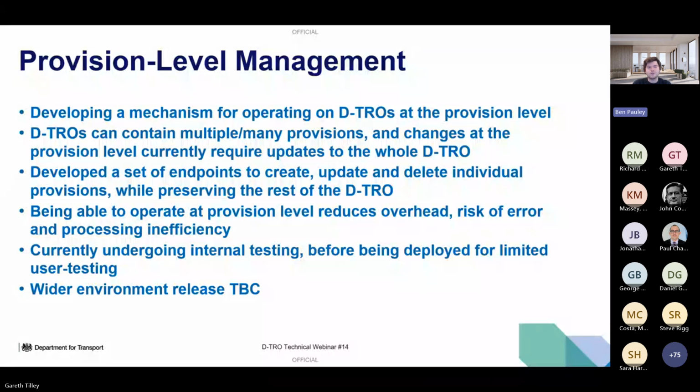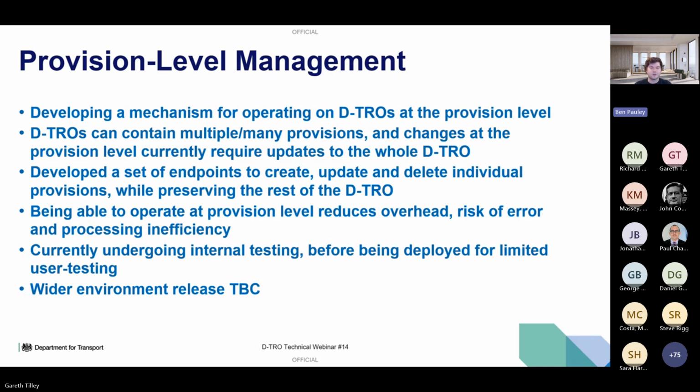So what we've been looking at doing is putting together a set of endpoints that allow users to create, update, and delete individual provisions whilst preserving the rest of the D-TRO. This is great. It means there is now a mechanism for operating at the provision level. It reduces a lot of overhead. You no longer have to send your whole potentially large payload through.